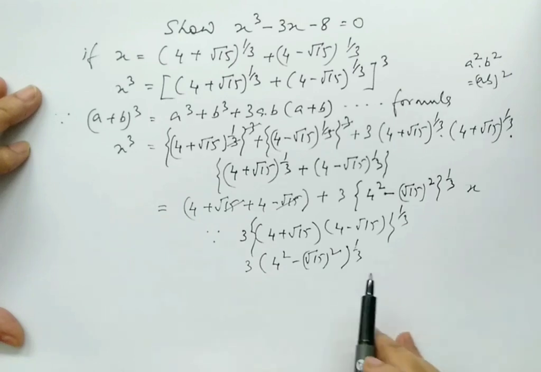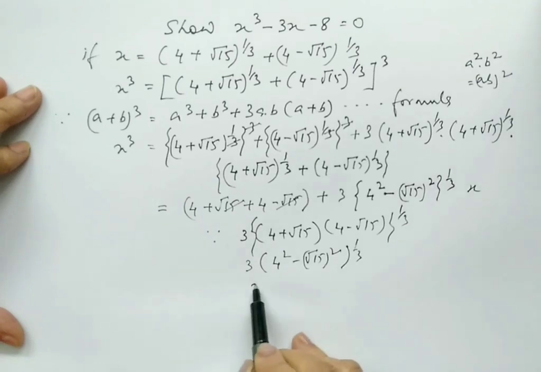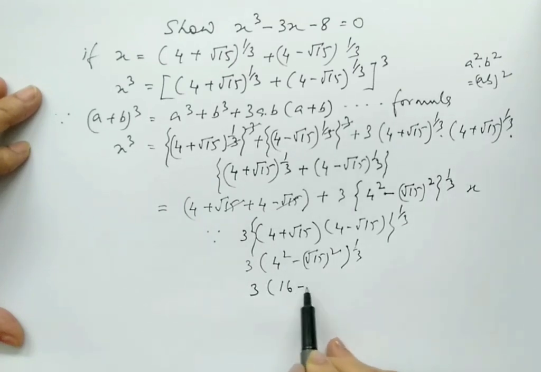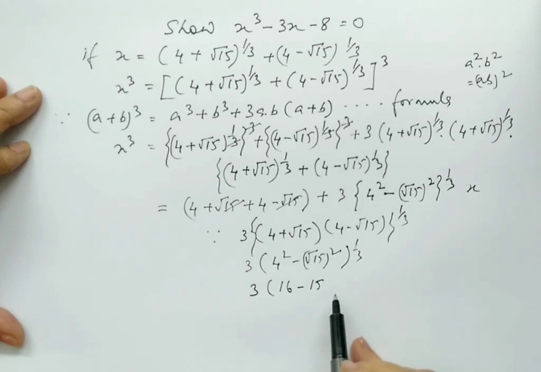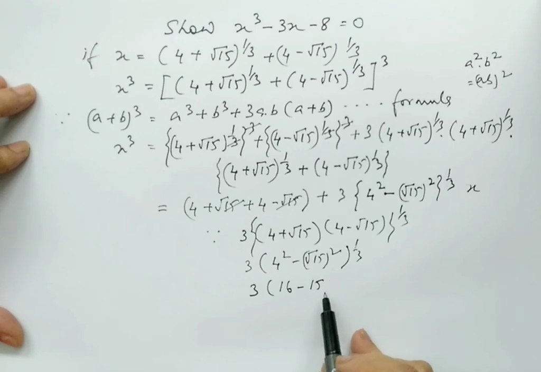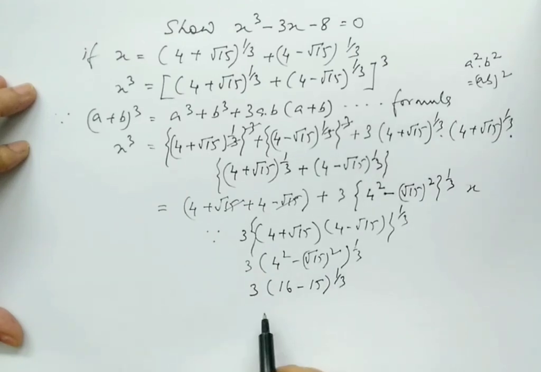Alright? So this means 16 and this is 15, because root 15 multiplied by root 15 means 15 alone, isn't it? And then we have a 1/3 here. Again we have 3 and inside 1 to the power of 1 by 3.